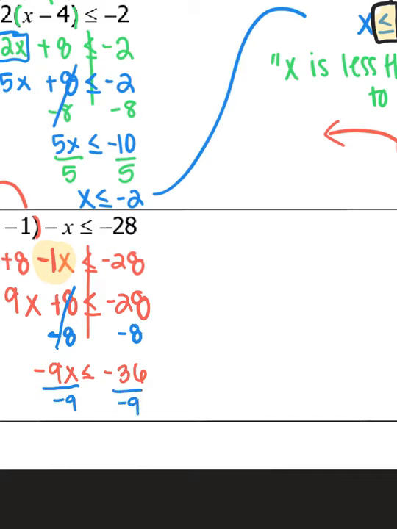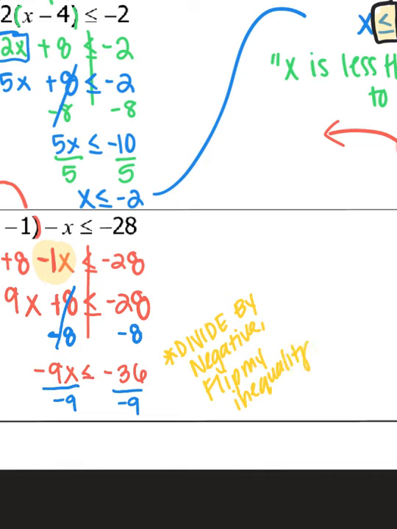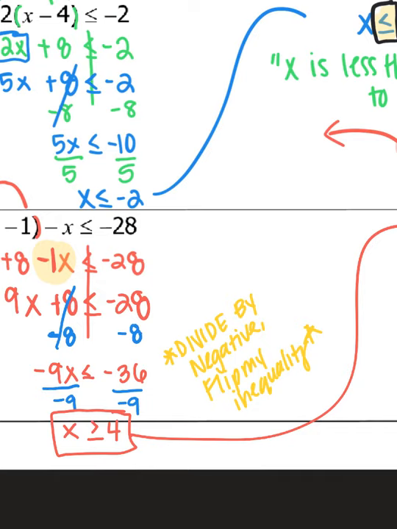Now remember, when I am dividing by a negative, I need to flip my inequality. So now I will have x is now greater than or equal to negative 36 divided by negative 9, which gives me positive 4. I'm just going to write this up here. X is greater than or equal to positive 4.